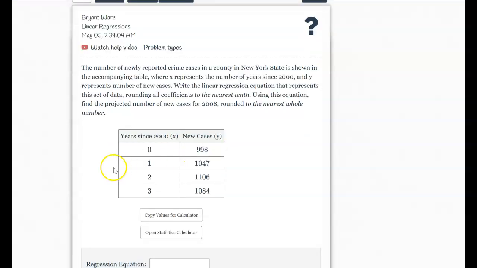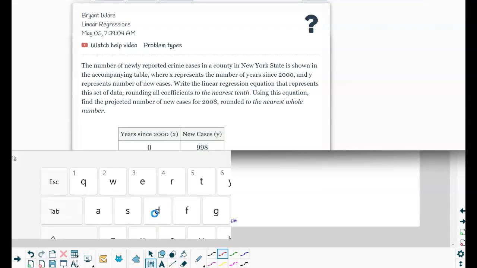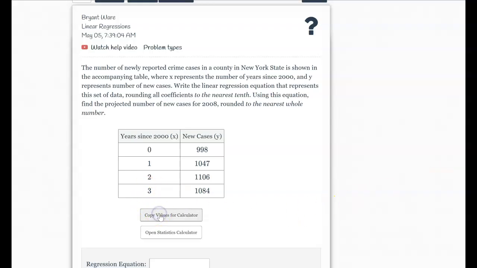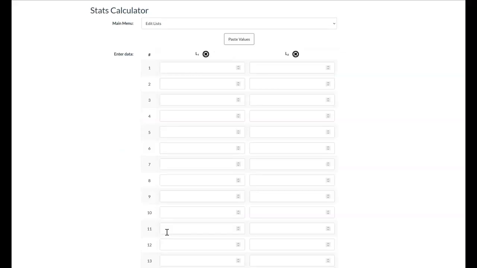So we're going to do the same thing. I'm going to copy the values for the calculator and open the statistics calculator here. Then paste the values.